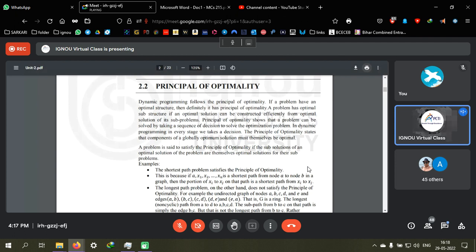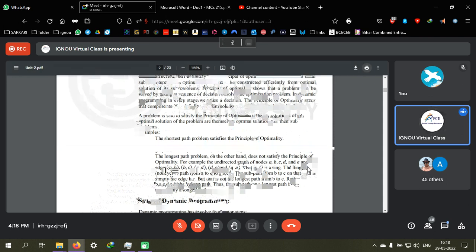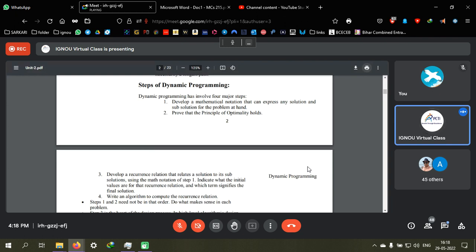If the problem has an optimal structure, then definitely it has the principle of optimality. The principle of optimality shows that a problem can be solved by taking a sequence of decisions to solve the optimization problem. So it will give you a maximum or a minimum solution. We have to follow these major steps to use dynamic programming.